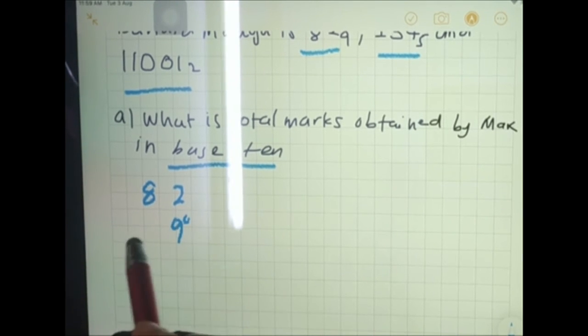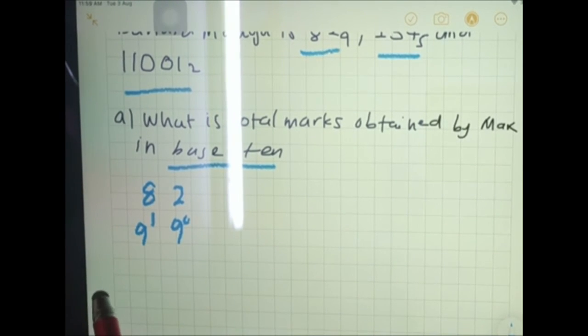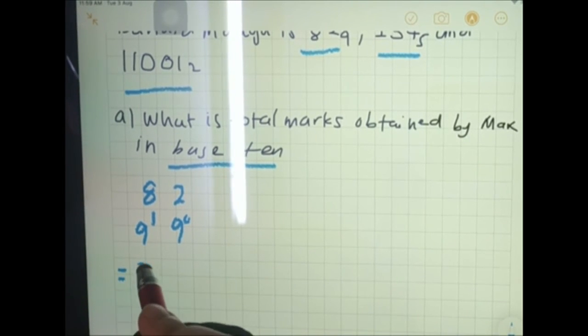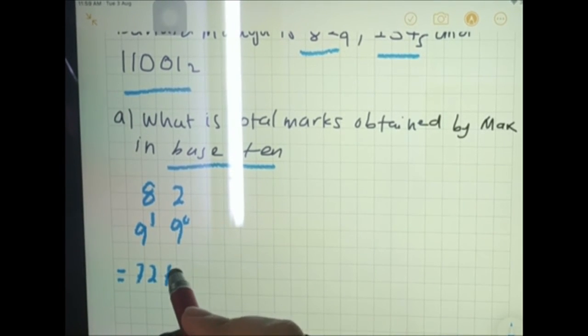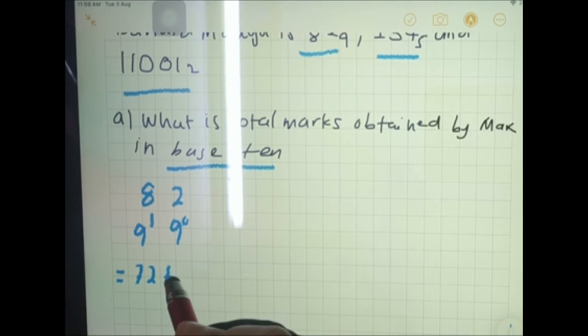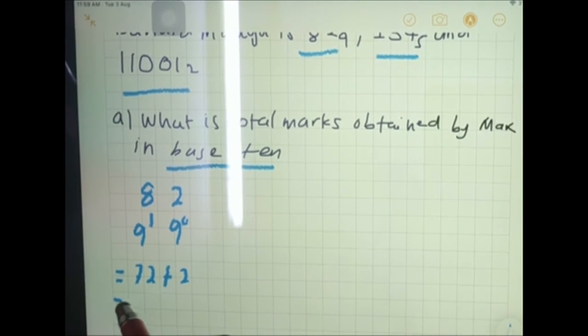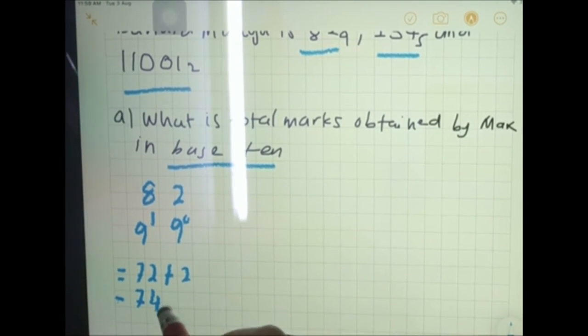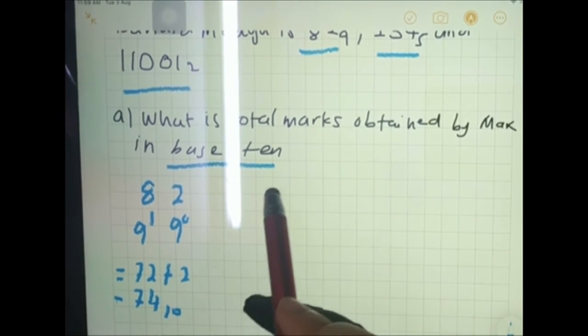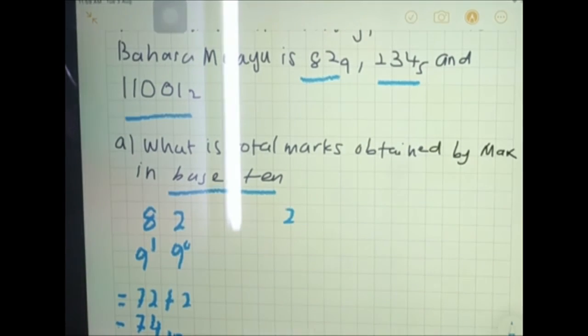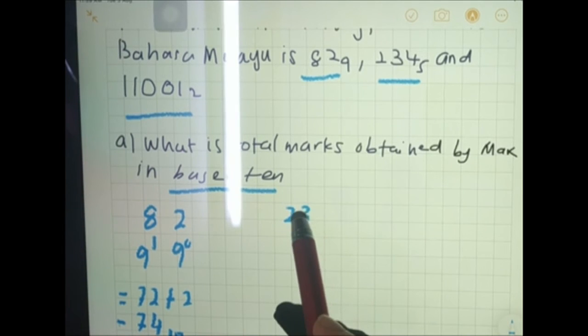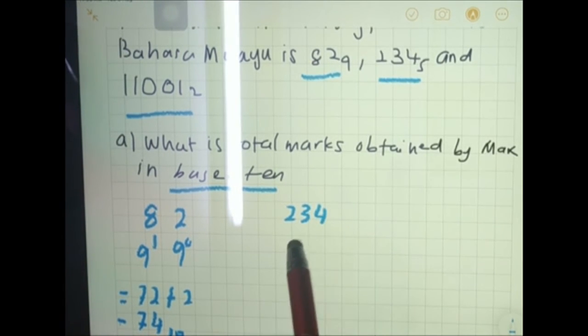So 82 base 9. 9 power of 0, 9 power of 1, you will get 72 plus 2. Get 74 base 10. 234 base 5.